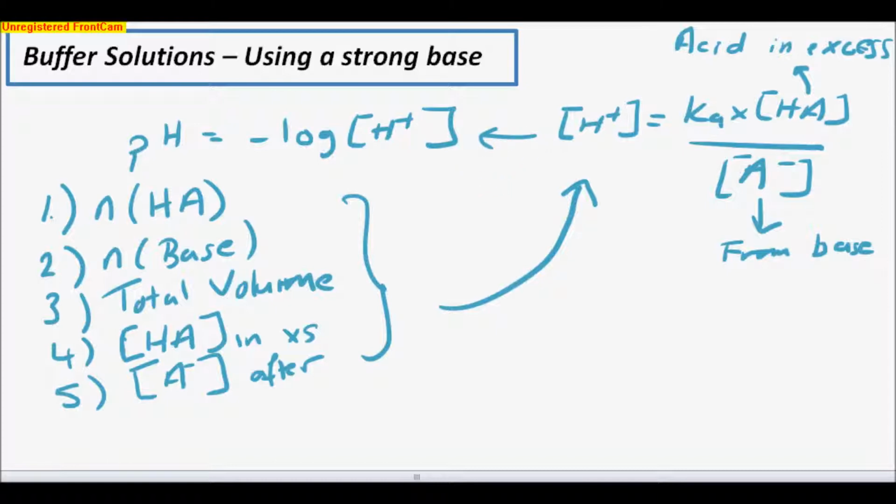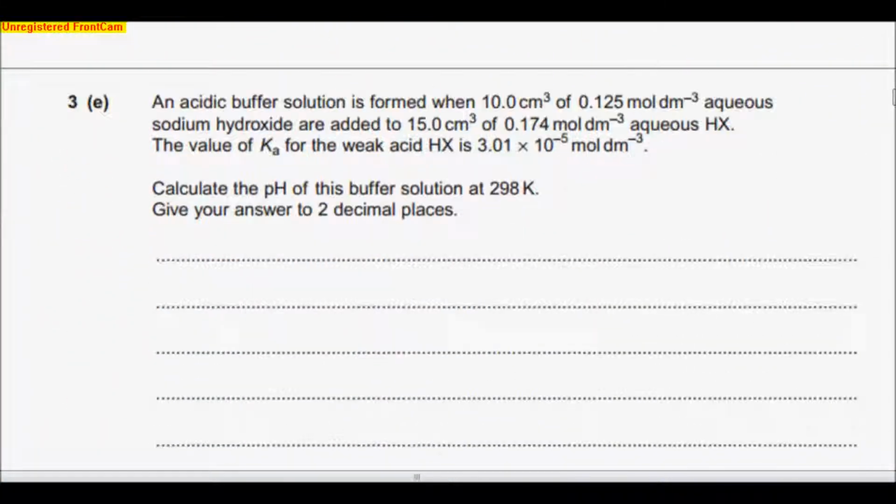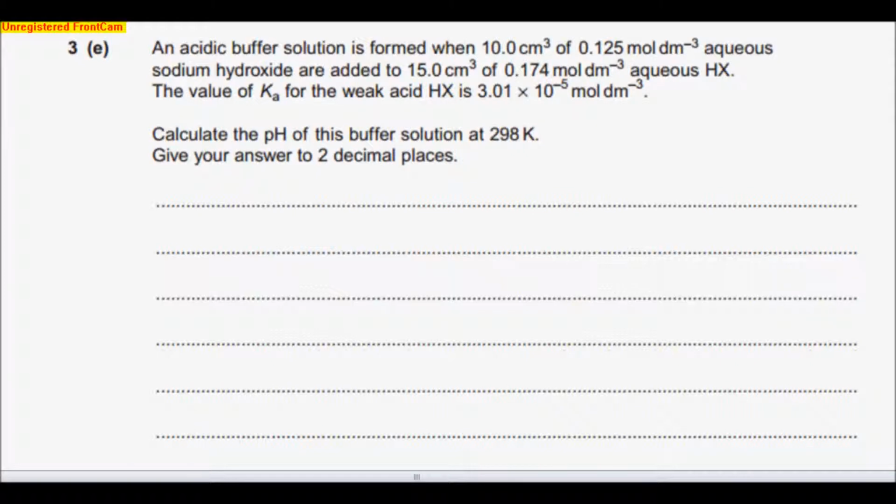To exemplify this, we're now going to have a look at an examination question. If I scroll downwards, here it is. This is from a Chem Unit 4 paper. In this question paper, it says we're using an acidic buffer and we need to work out the pH.